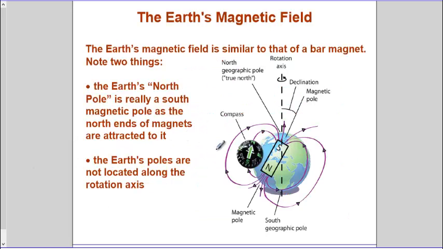Like I said before, the Earth is a magnet, and this is interesting. We have a geographic North Pole and a geographic South Pole, but there are also magnetic North and South Poles.